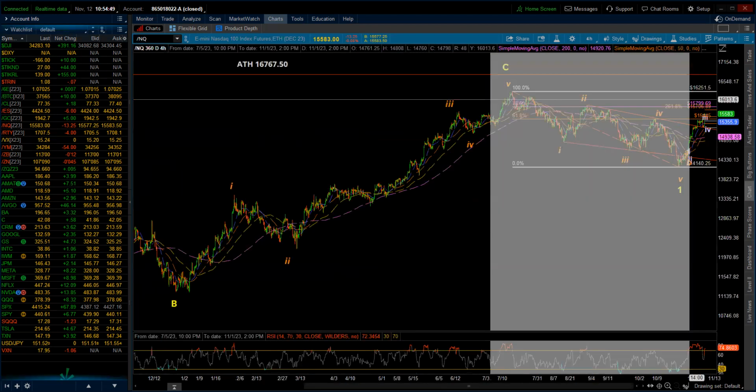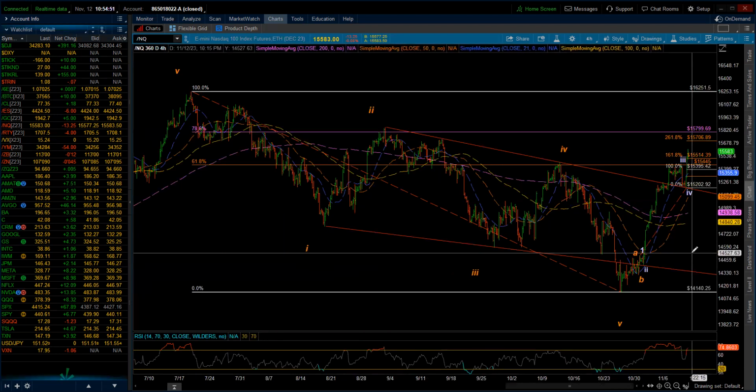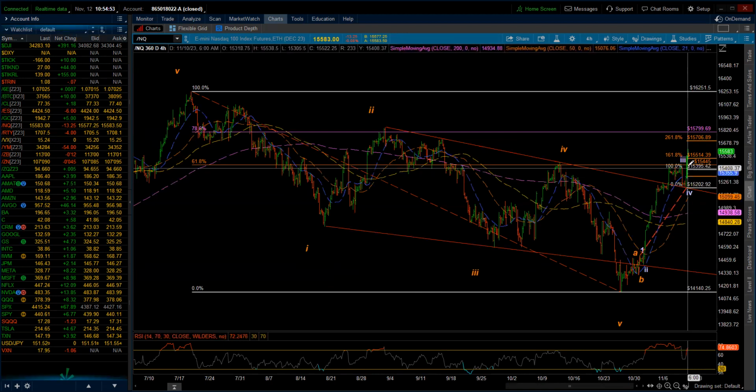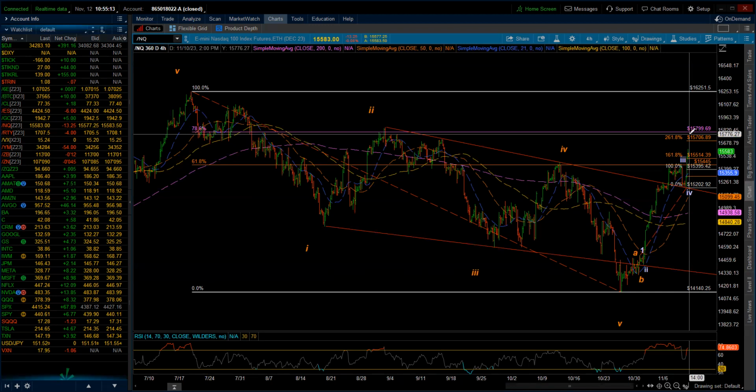Now, how do you want to play it? That is the question. But this wave was incredibly strong on Friday. I would anticipate follow through. I really would. But is it coming as that fifth wave? Is it coming as the third wave? I don't know.